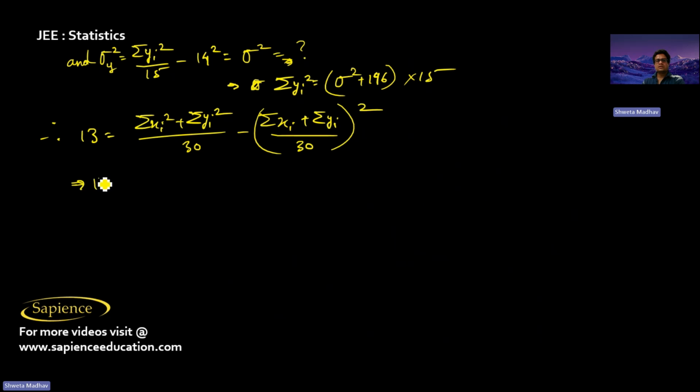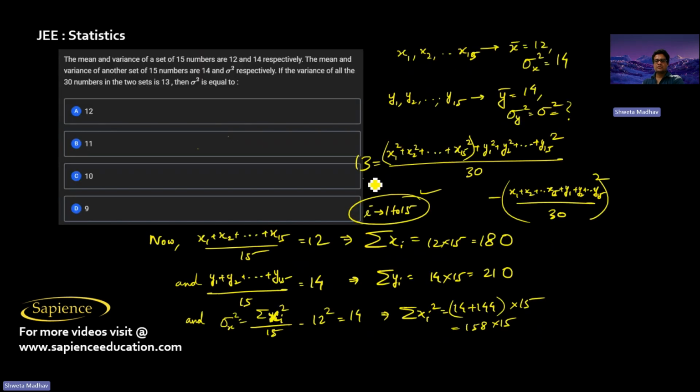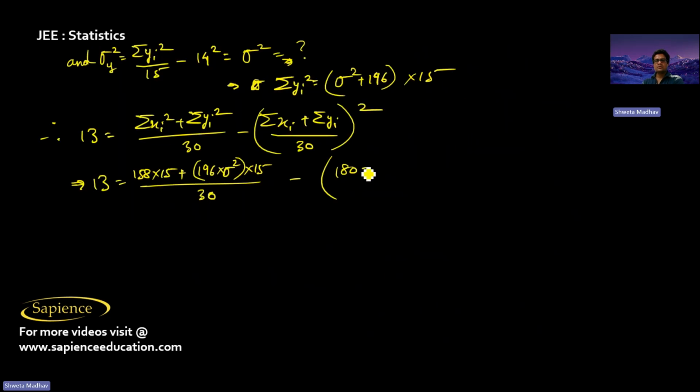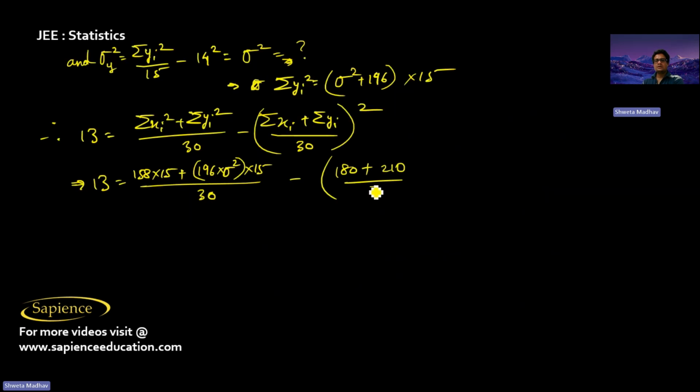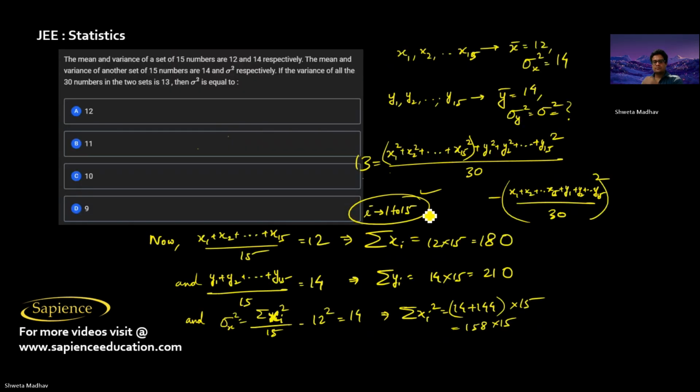So 13 is equal to 158 into 15 plus sigma square plus 196 into 15, divided by 30, minus summation xi, that is 180, plus summation yi, that is 210, divided by 30, its whole square.